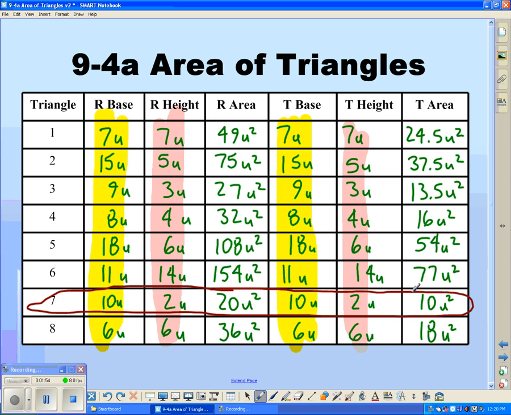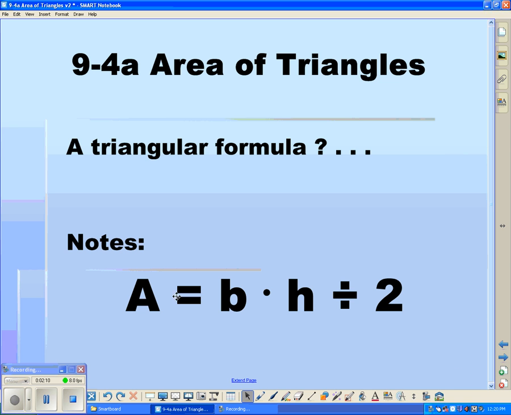We should be able to see there's a relationship between the triangle area and the rectangle area. And specifically, we should be able to see that that relationship is that the triangle area is half the rectangle area.